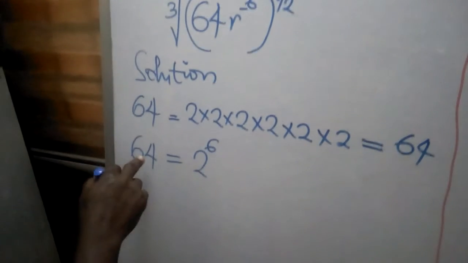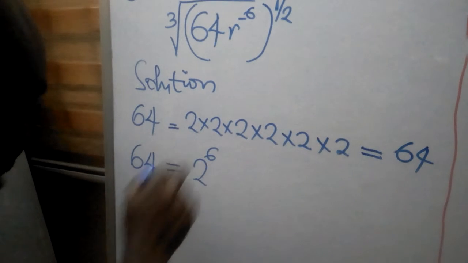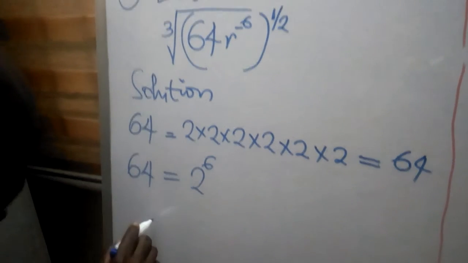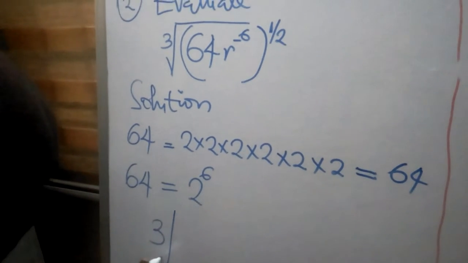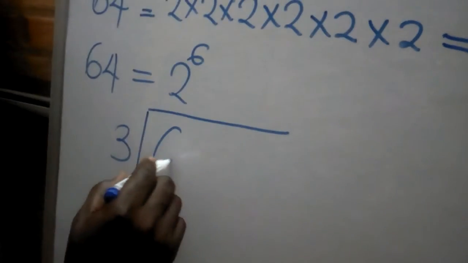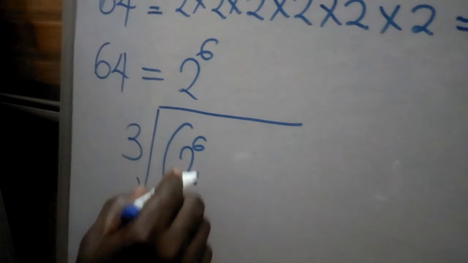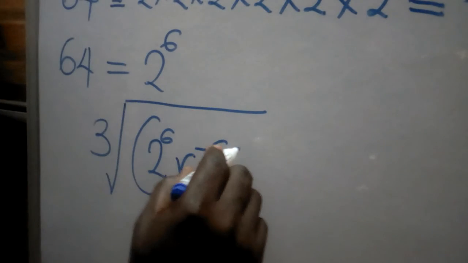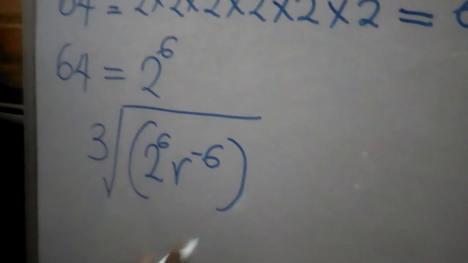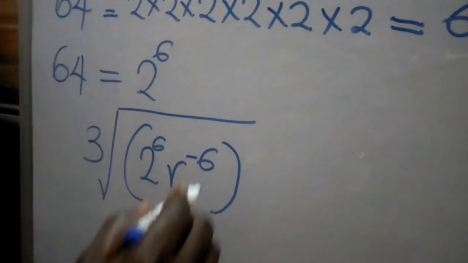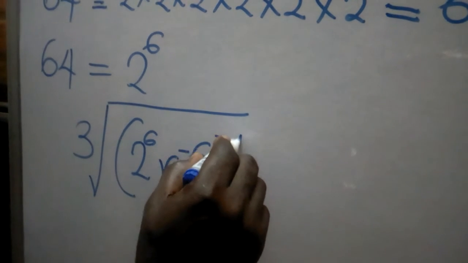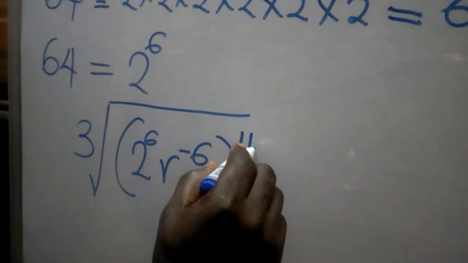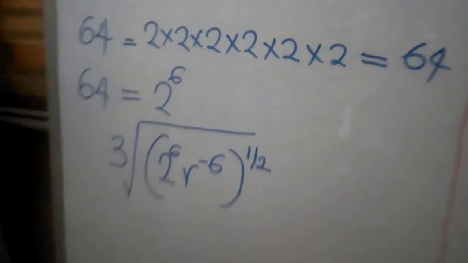So we now have, if 64 could be expressed as 2 to the power of 6, from the question, we now have the cube root of, bracket open, 2 to the power of 6, to the power of minus 6, bracket close, raised to the power of half.